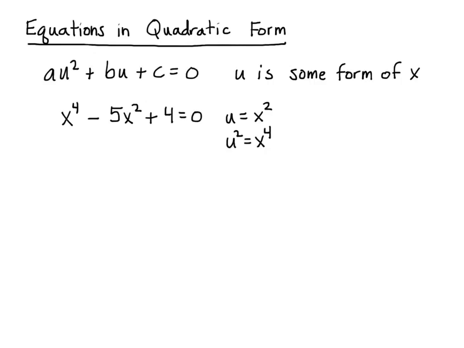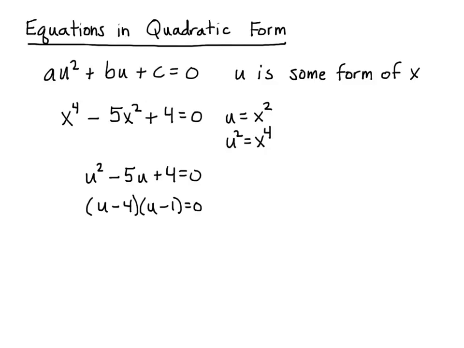And so if I make my substitutions for the x to the 4th and x squared with my new definitions of u, what I get is an equation that is u squared minus 5u plus 4. Okay, so now here's an equation that you could solve, because now this is a quadratic equation. You've put the original equation into quadratic form.